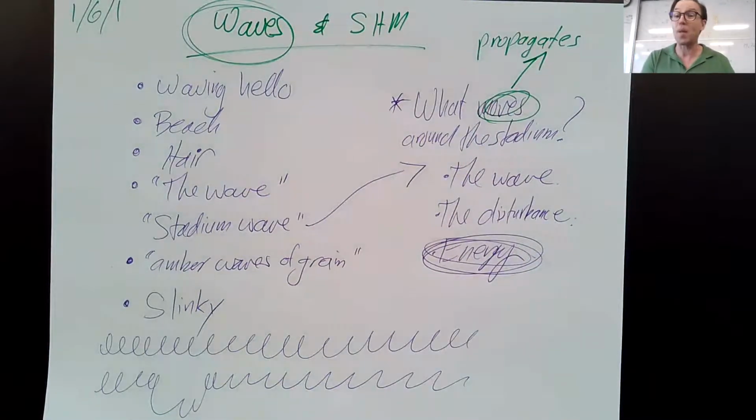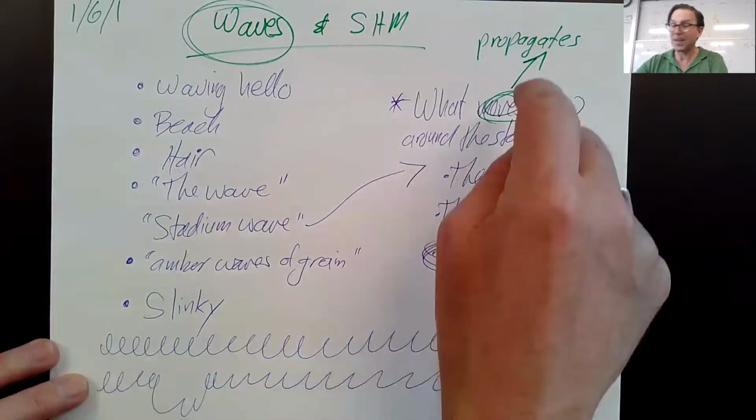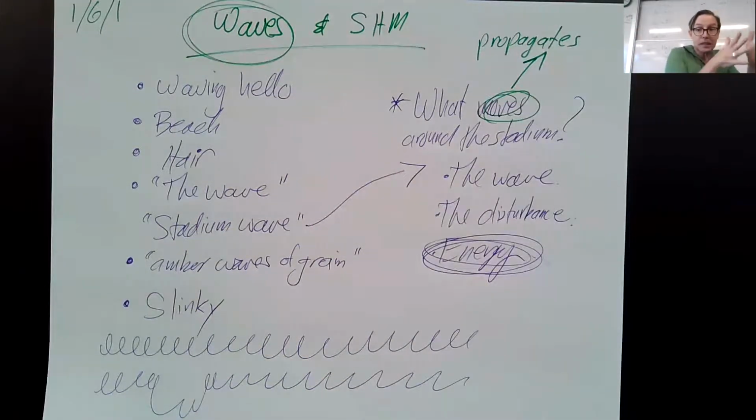So the word propagation is another word for motion. I'm just making sure I spelled that right. I think I did. Good. So propagation or transmission or motion, all synonyms.